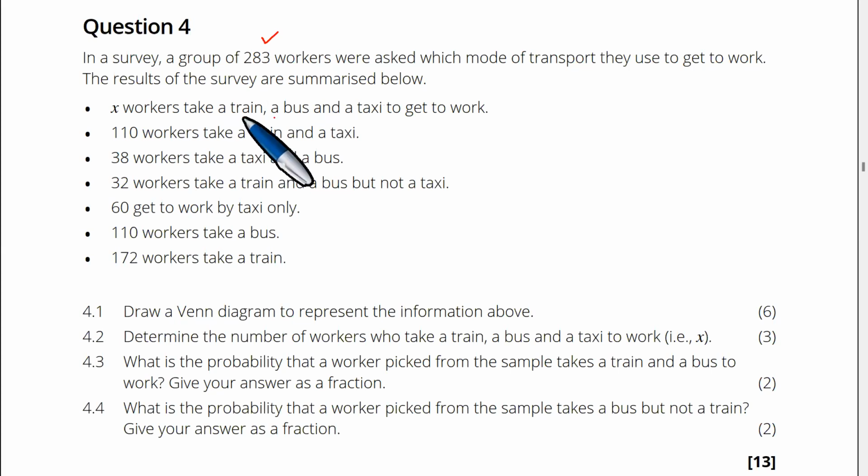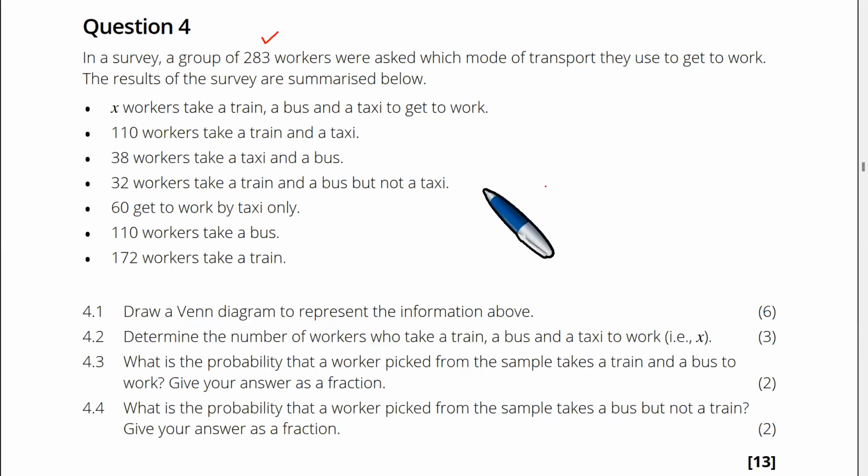X workers take a train, a bus, and a taxi to get to work. 110 workers take a train and a taxi. 38 workers take a taxi and a bus. 32 workers take a train and a bus, but not a taxi. 60 get to work by taxi only. 110 workers take a bus. 172 workers take a train. Draw a Venn diagram to represent the information above.